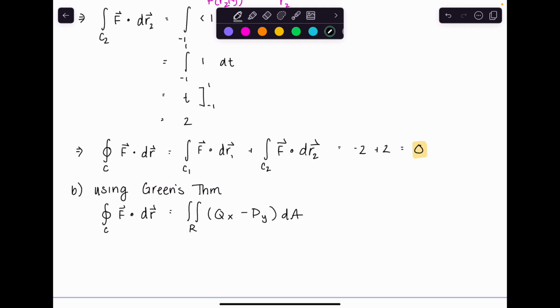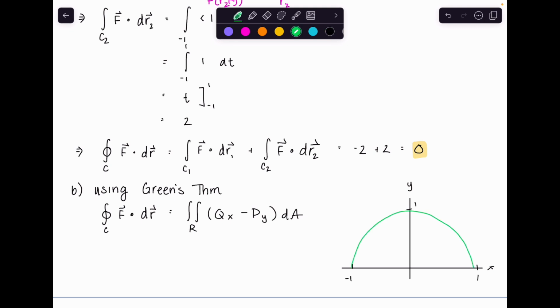Okay. So I'm going to redraw my region in the xy plane here, just to make life a little bit easier so we don't have to keep scrolling up. Here's the top half of that circle. It's got counterclockwise orientation, so I don't have to worry about that.